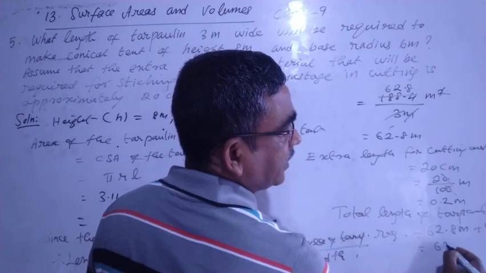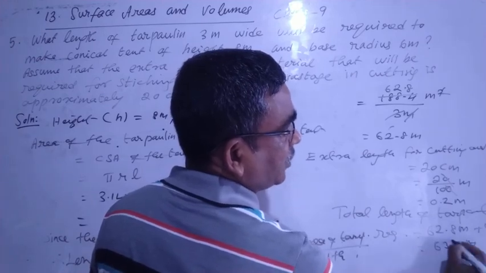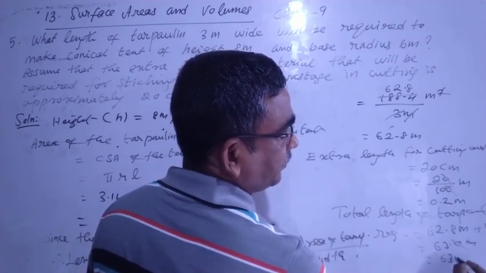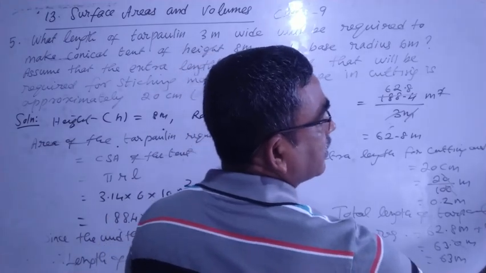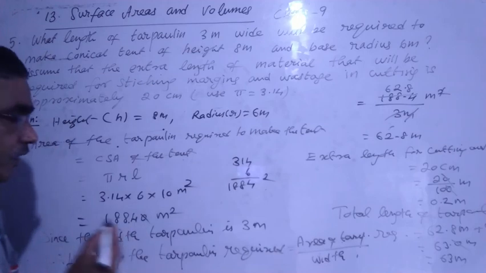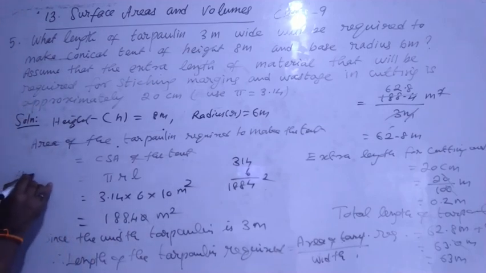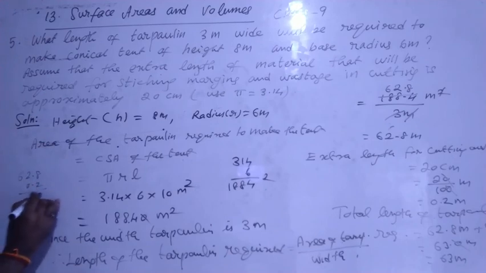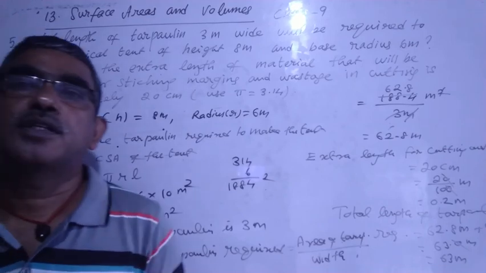Altogether it becomes 63.0 meter. 0 is cut off, 63 meter. So you know how to add it: 62.8 and 0.2. I hope you understand that. So let's go to question number 7.